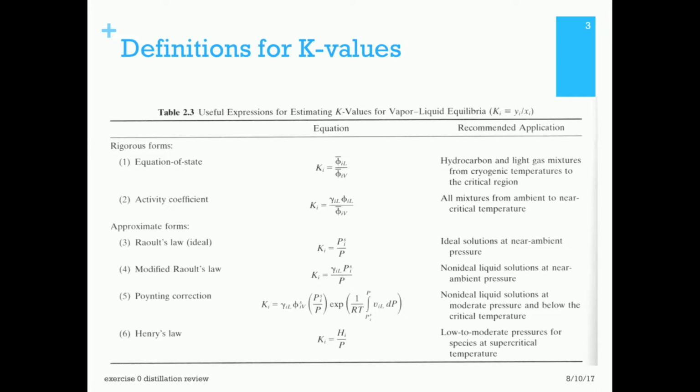There are a number of appropriate forms for the K value, all the way from the ideal solution, Raoult's law, to the Poynting correction, which corrects Raoult's law for both non-ideal thermodynamics and pressure. And then for a number of simple stripping operations, for example, if we are removing hydrocarbons from a liquid stream and things are very dilute except for the liquid stream, we will use Henry's law coefficients. So this is all very helpful, I think.